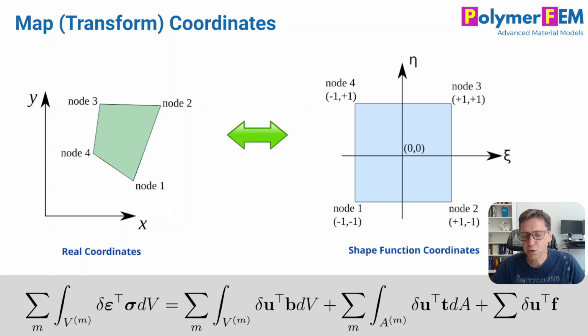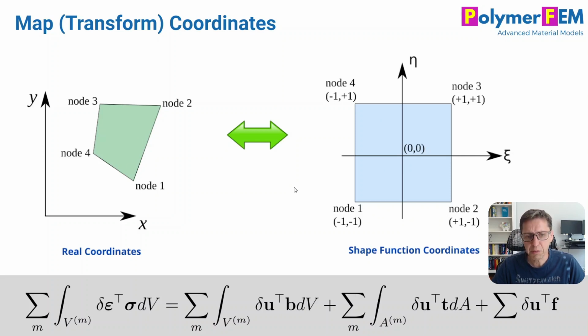In this case, we have 4 nodes still, but they are between -1 and +1, the 4 corner points here. If we can figure out how to map back and forth, we can perform this integral in a much easier way. So we will integrate in these mapped coordinates instead of the real coordinates. And that will help us tremendously.